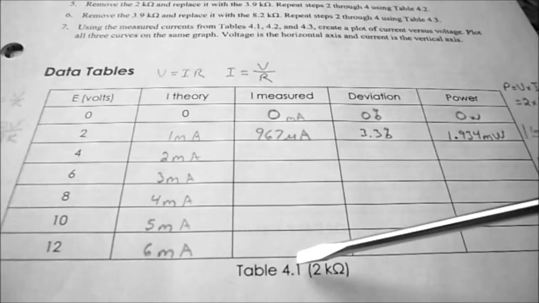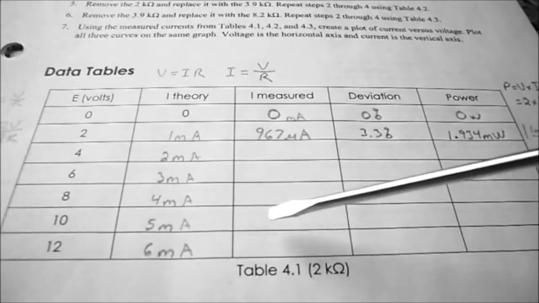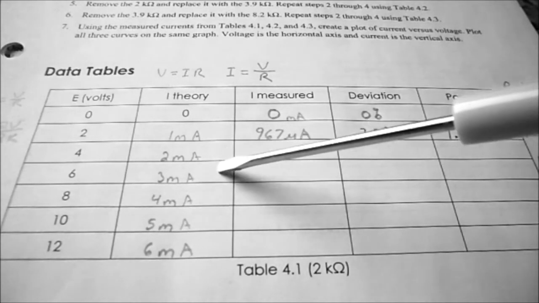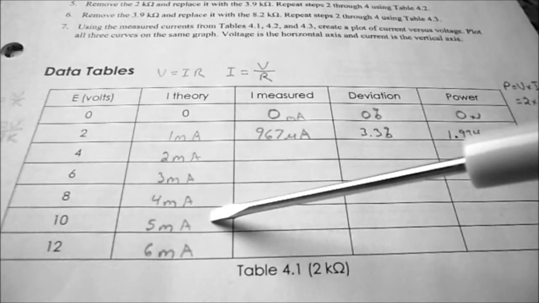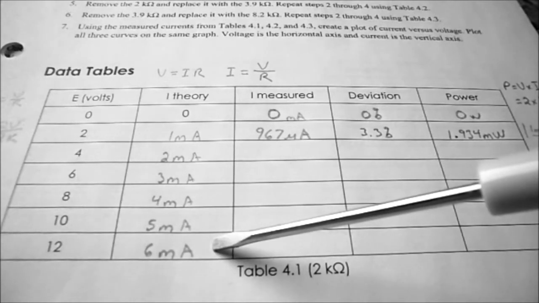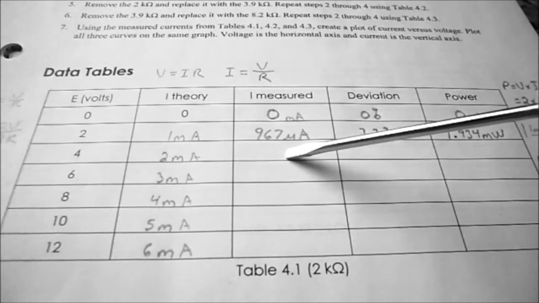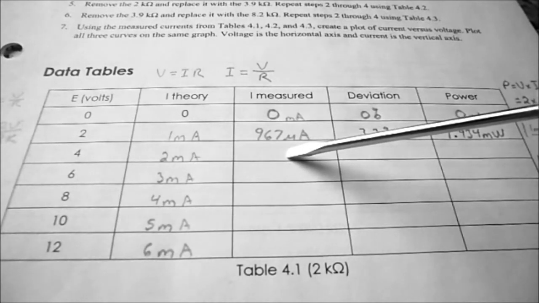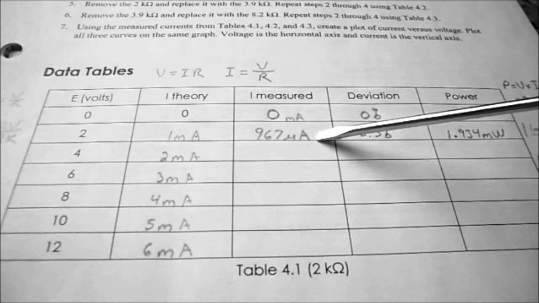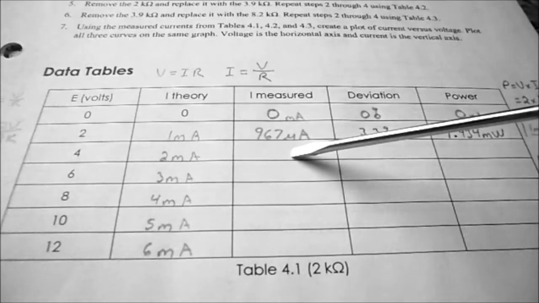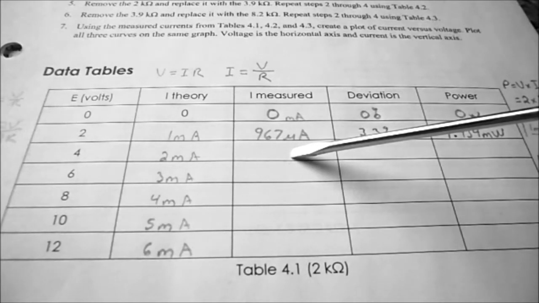So on table 4.1, I've completed my I theory calculation for 4 volts, 6 volts, 8 volts, 10 volts, and 12 volts. I'm not going to bother showing you how I do I measured, because I've given you an example of that at 2 volts.